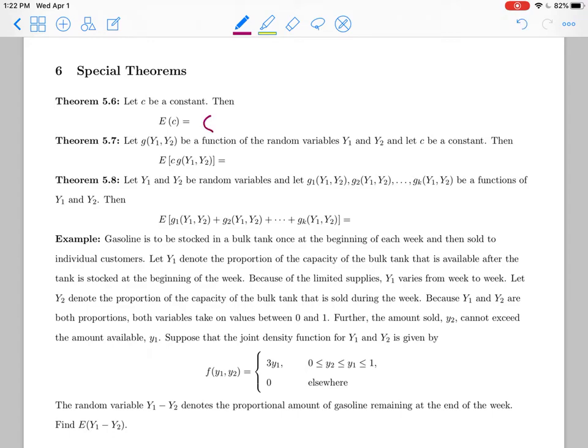If we take a constant times a function of the random variables y1 and y2, then if we want the expected value of a constant times that function, we can bring that constant out in front. And so it is that constant times the expected value of that function.